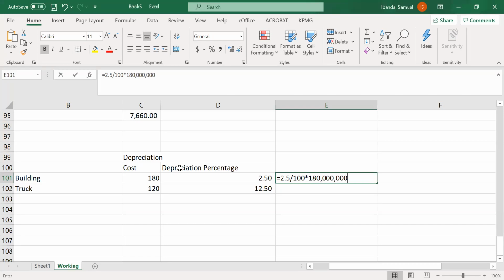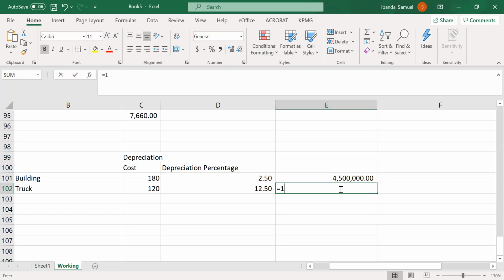You can include the 3 zeros there. It gives you about 4.5.